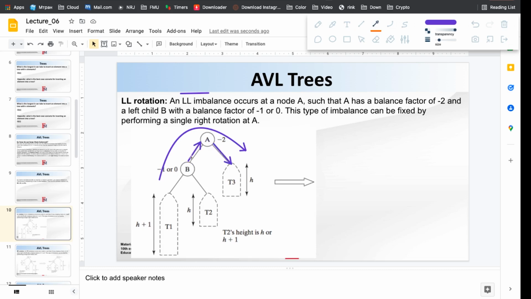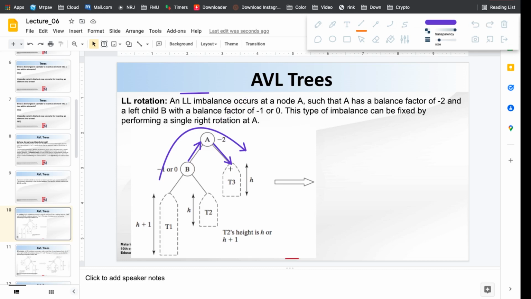B is going to become the root or subroot, because again, it's possible that A is also not the root, that A is connected to another node, and there is maybe one more above. It's possible this whole thing is only part of the tree. So we bring B up and bring A down.